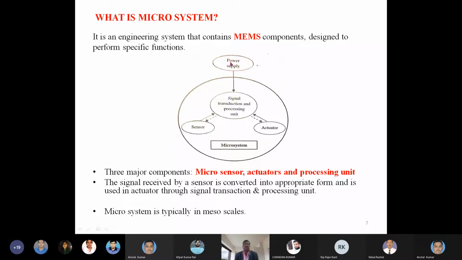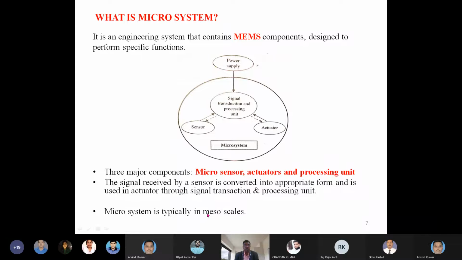There will be a basic power supply from outside, and this constitutes a microsystem, which we generally identify as a micro electromechanical system. So the micro sensor, actuator, and the signal transduction and processing unit become the three main components of the microsystem.